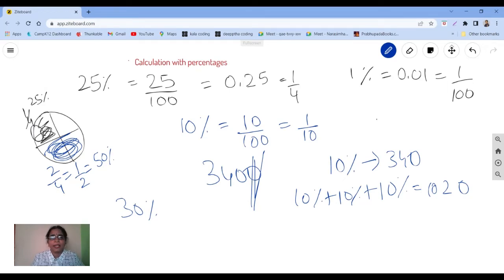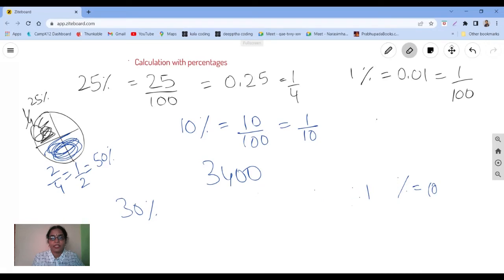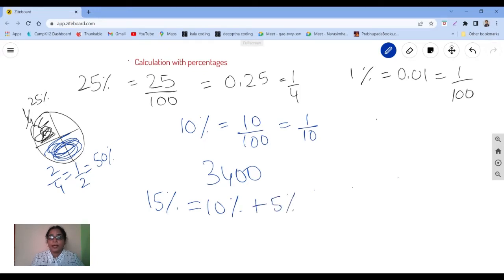Now, this same technique I can use for anything. For example, instead of 30%, if he says it is 15% discount, right? What is a 15% discount? 15% is nothing but 10% plus 5%. 10% of this means just I have to remove the last zero, right?